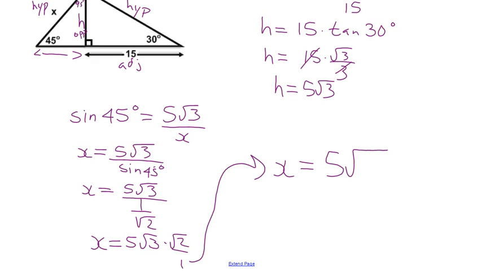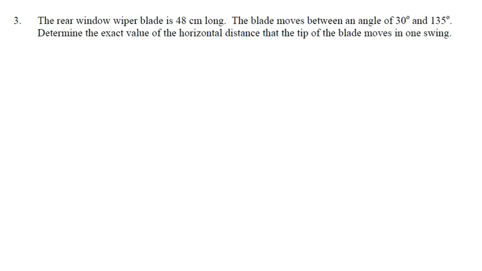So 5 root what? 6. Congratulations, you still can multiply radicals. It's good to see, especially with the cume coming up. Some good practice on radicals here. I can rationalize denominators. I have two binomial denominators. We don't know if you can rationalize those, but we'll figure it out. Okay, good. Moving on.